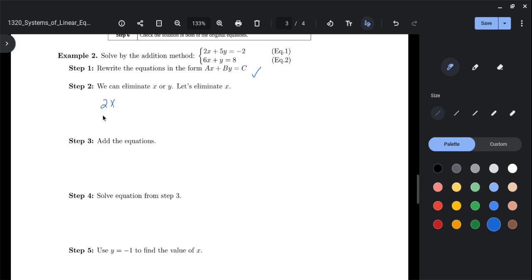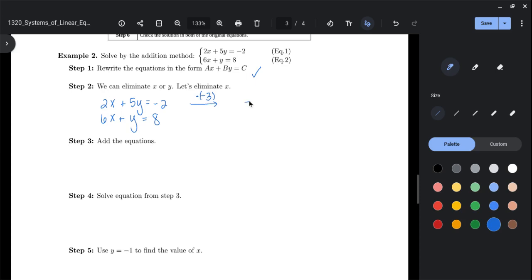If I'm looking at my x coefficients, I want to end up by adding them together and getting 0 for my x sum. And so to do that, I'm going to multiply equation 1 by -3, because then I'll have a -6x, which will cancel out when added with this positive 6x. So let's go ahead and multiply by -3.